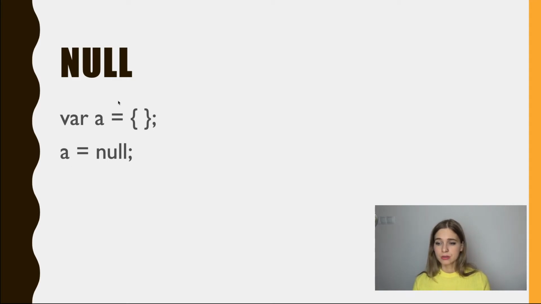And so I would just reassign a value of a with null. And this way, this is no longer the non-primitive data type. It is now a basic data type, and it doesn't take the memory. So again, this has no value.